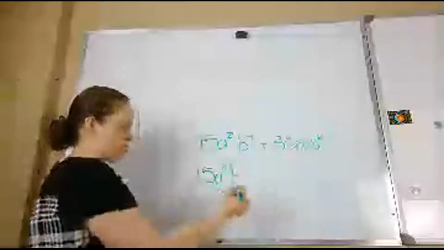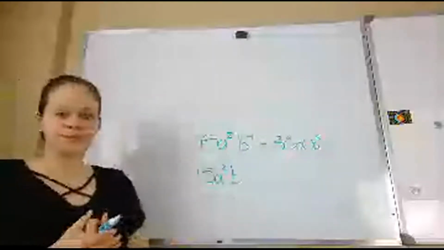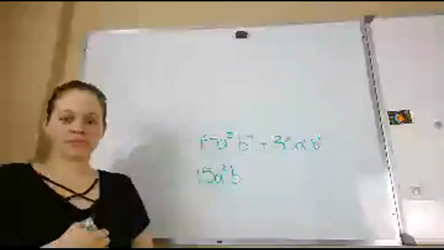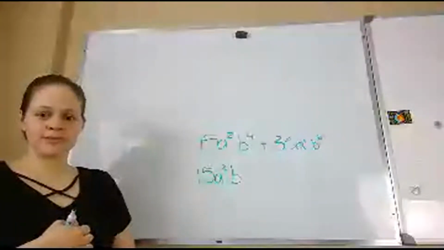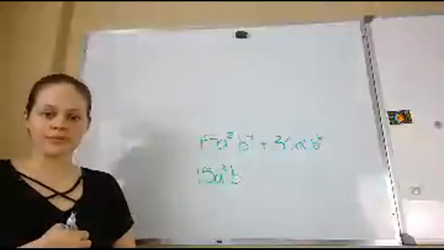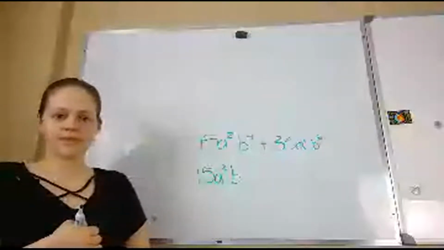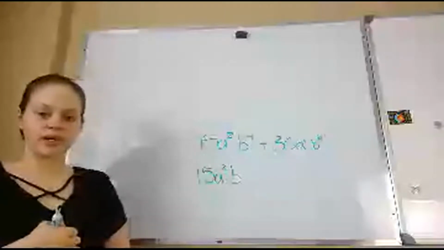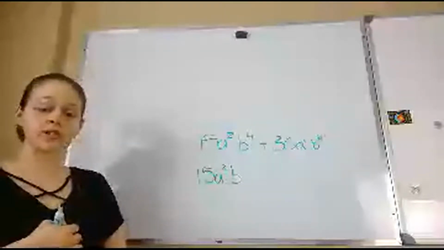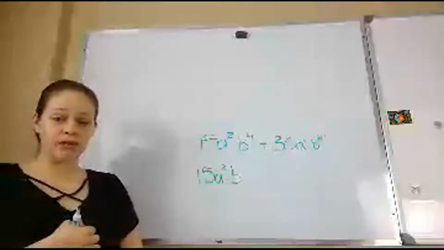What do you think it is? Type it in. So one has 4, one has 6. What is the most they can have in common?